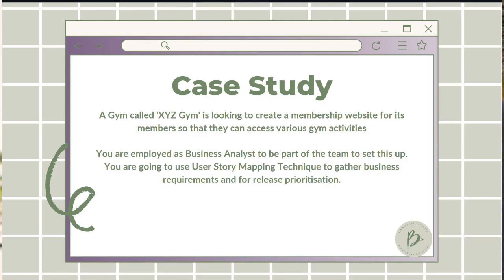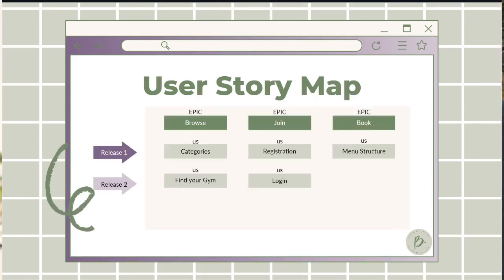So you're going to write user stories by using the user story mapping technique to gather your business requirements for release prioritization, okay? So how do we do this? We do this by using this user story mapping. We're using it to identify our activity sequence and what we are releasing for each sprint within the agile methodology. So we highlight our epics as well as our user stories.